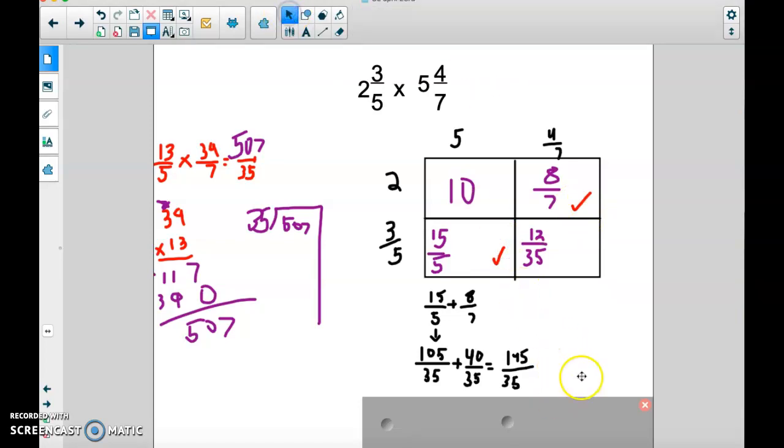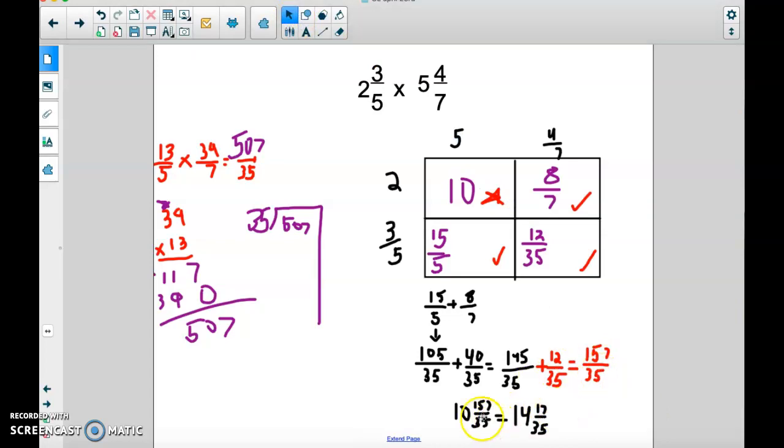Now I need to add 12 35ths to it, and I'm at 157 35ths. And remember, you're not done. We have to add in the 10 wholes. So then we would get 10 and 157 35ths, which is equal to 14 and 17 35ths. This answer should be the same as what you get here. Okay?